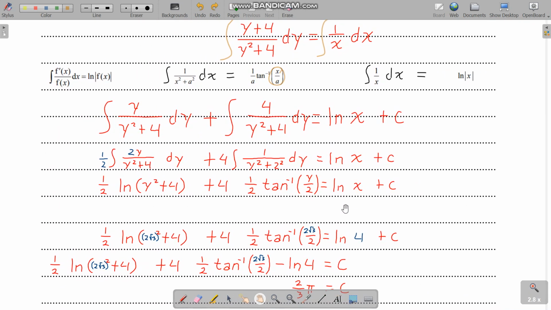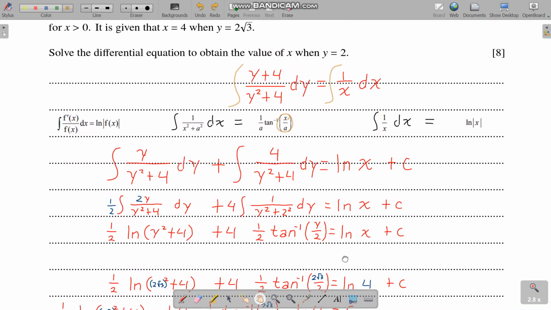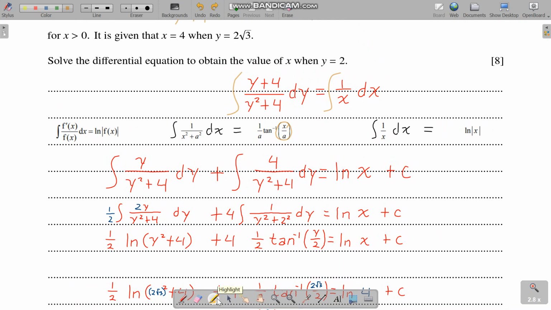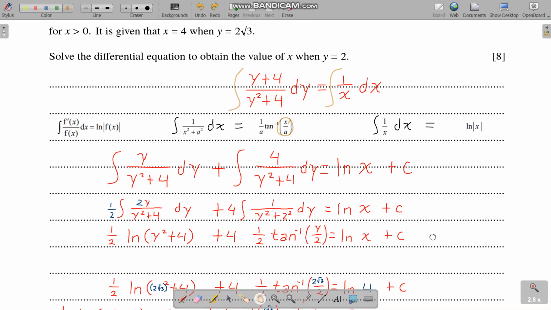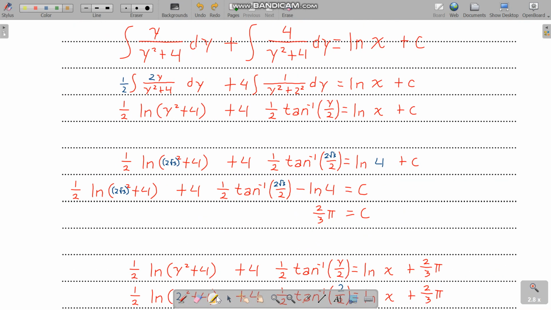Now we have the general solution. To find the particular solution, we plug in the x and y boundary conditions here. So x is 4, y is 2 root 3. So we replace the y with 2 root 3 and the x with 4, and you can find the c.